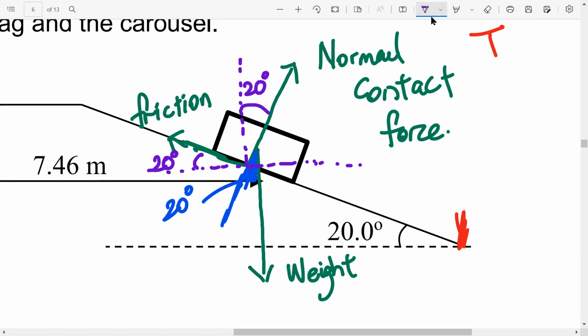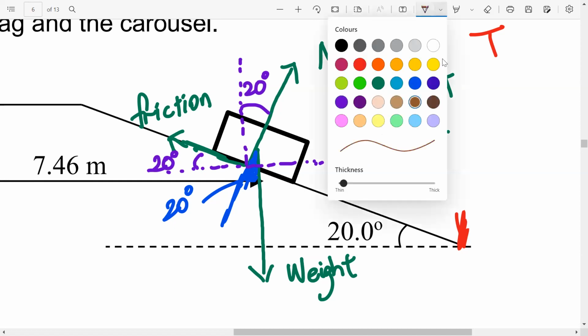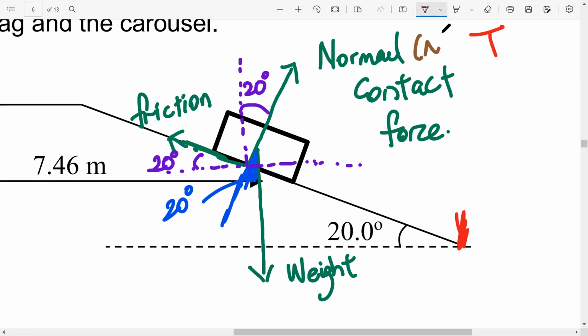If I let the normal contact force be N, the horizontal component I call Nx and the vertical component I call Ny. Nx is N sine 20 and Ny is N cosine 20.